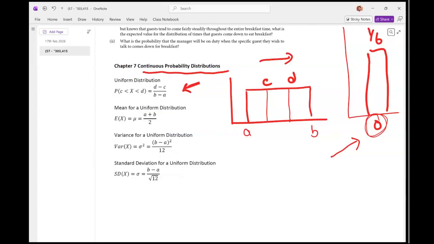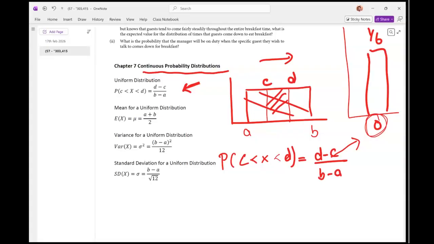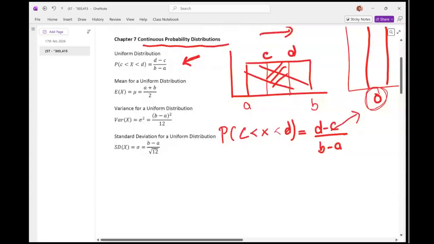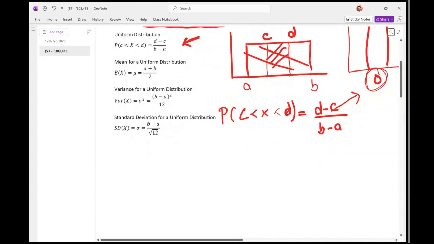So this is how it's going to look. The probability of X greater than C and less than D is equal to D minus C, this section, upon the whole section, that is B minus A. That's how we define the uniform probability distribution.